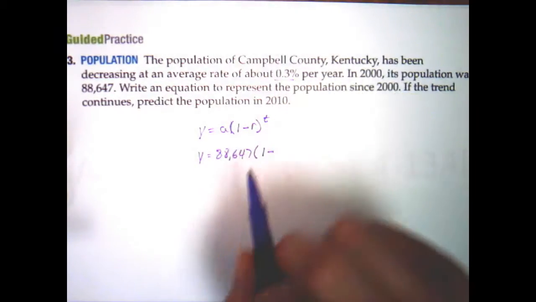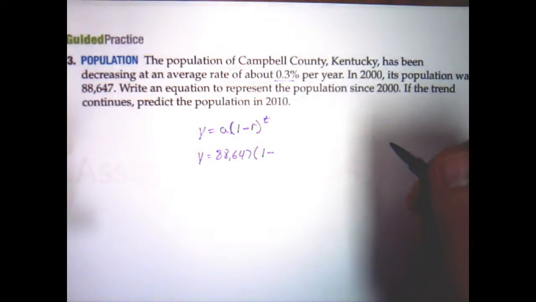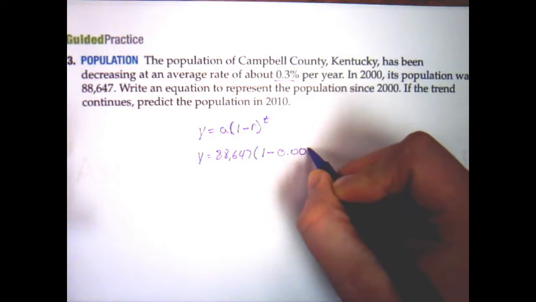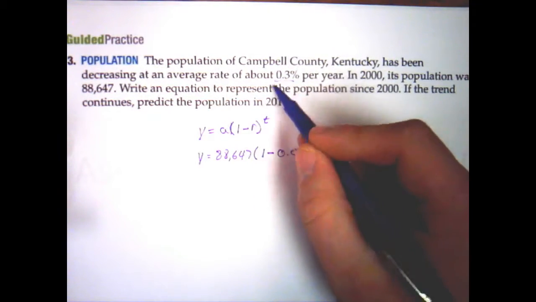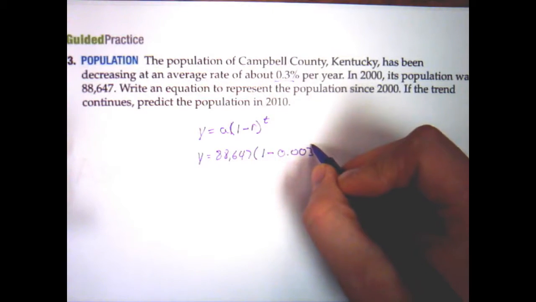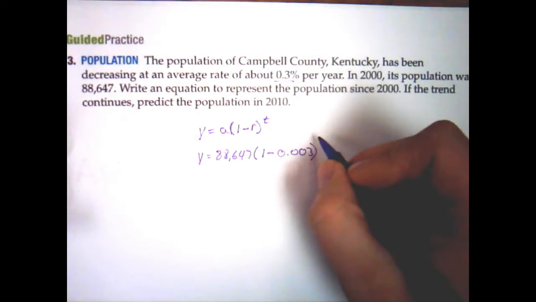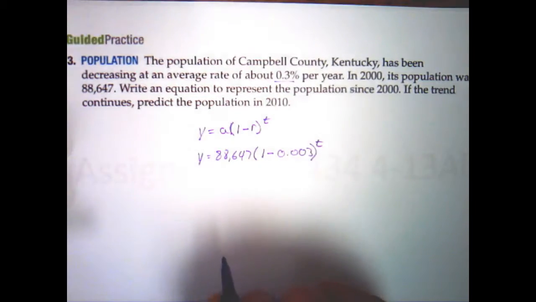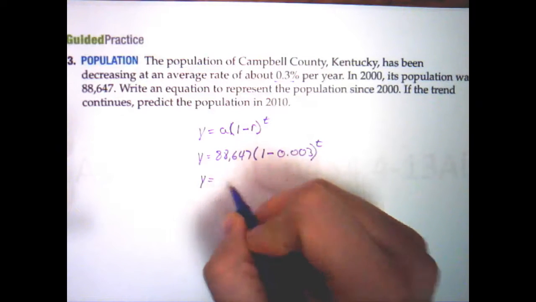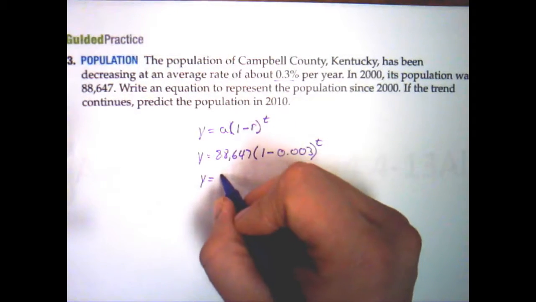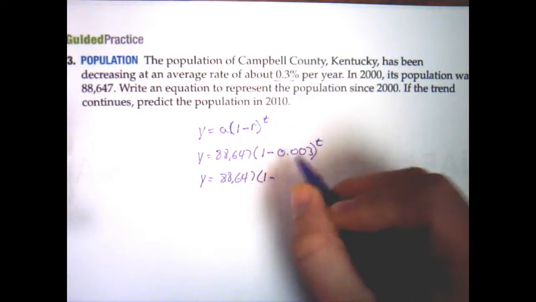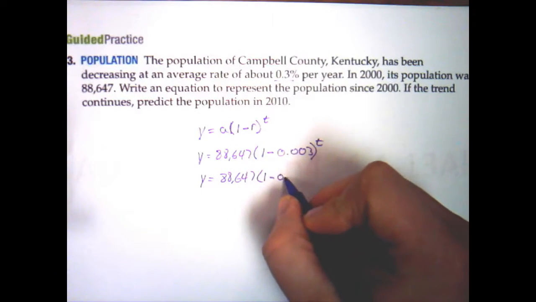Now, 0.3% as a decimal, 0.003. 2 places to the right. And raised to the t. So first it says write an equation to represent the population since 2000. That would be to the t. Now if we want to figure out or predict the population in 2010, we plug in 10 for the years.